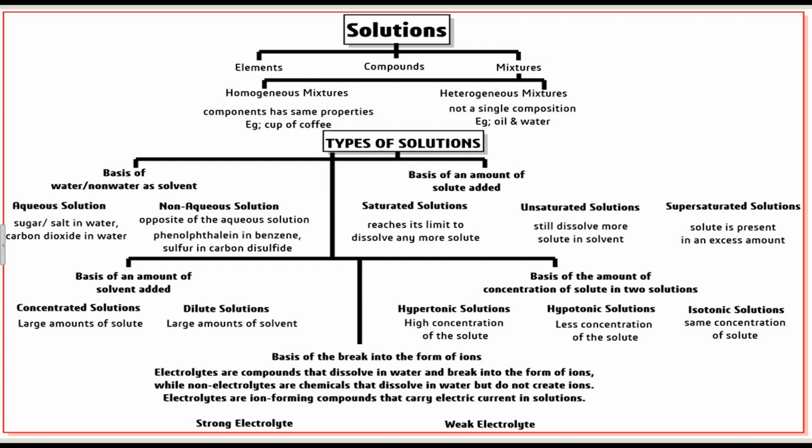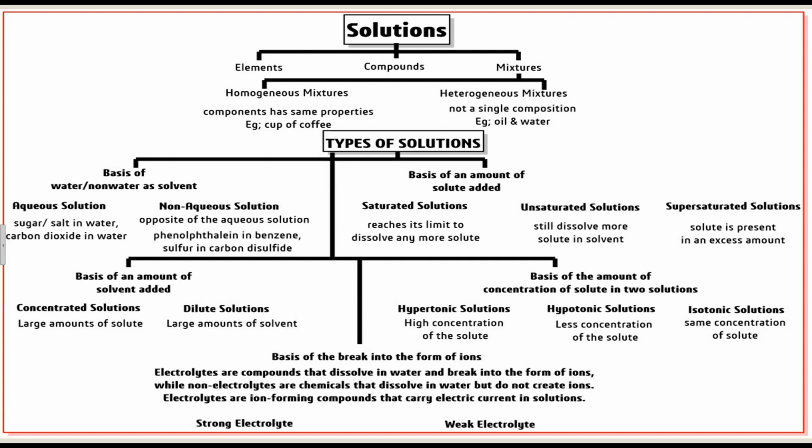Next, on the basis of the concentration of solute in two solutions, we can divide solutions into three types: hypertonic solution, hypotonic solution, isotonic solution. Hypertonic solution means high concentration of the solute. Hypotonic solution means less concentration of the solute. Isotonic solution means the same concentration of the solute in two solutions.